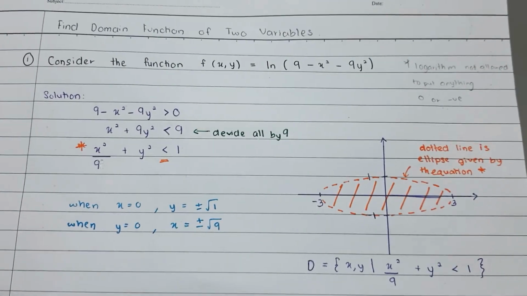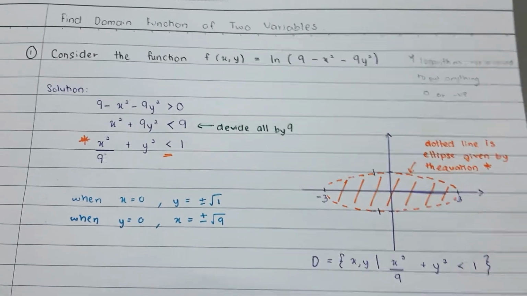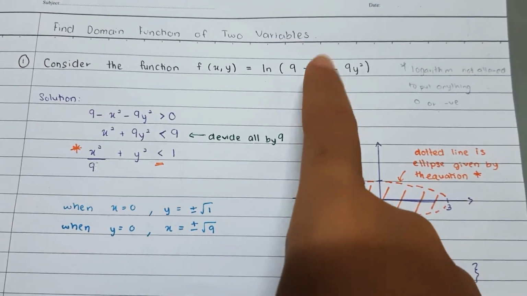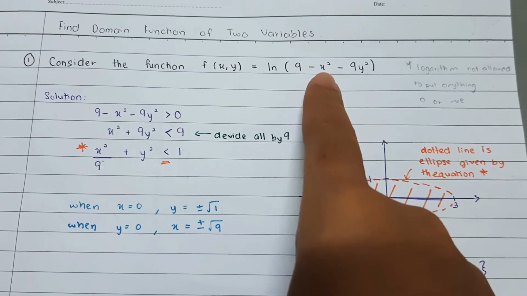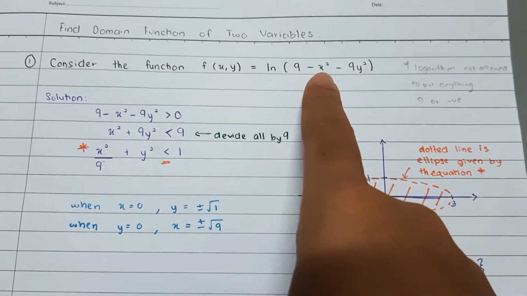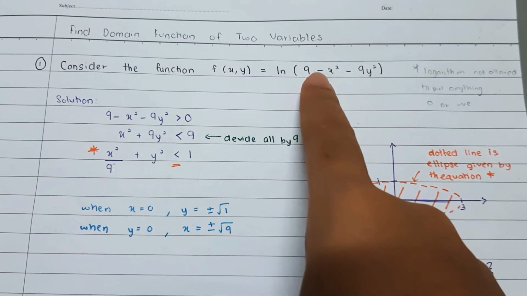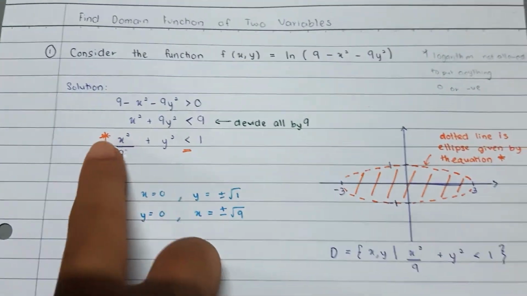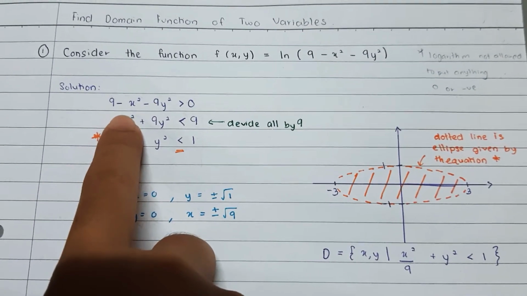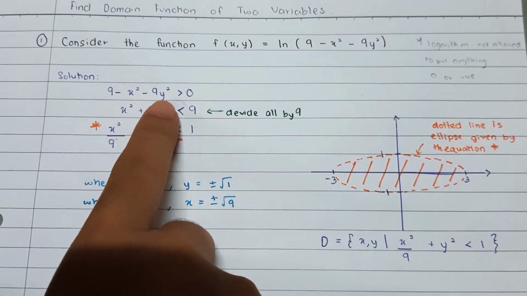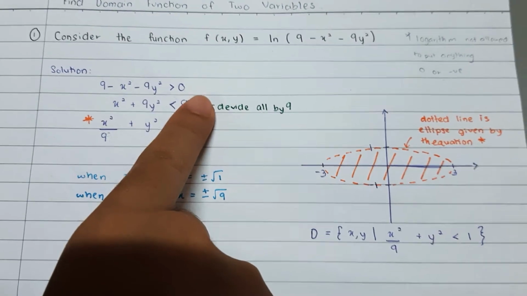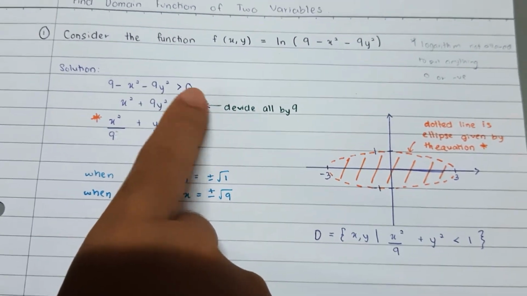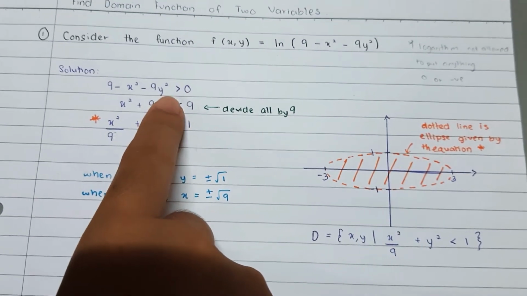So the solution is, we know that for the function ln we cannot put 0 or a negative value inside, or it will be undefined. So we write 9 minus x squared minus 9y squared is greater than 0. It is greater than 0, not greater than or equal to 0, because it cannot be 0 and it cannot be negative.